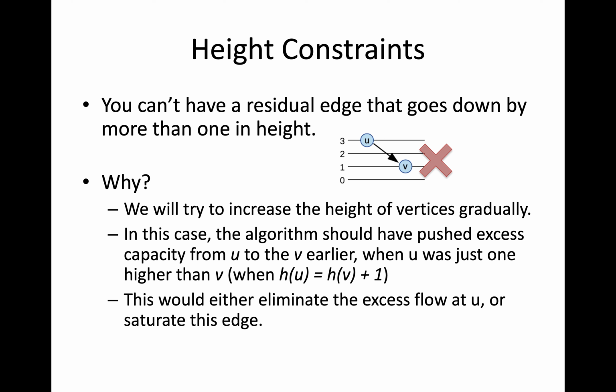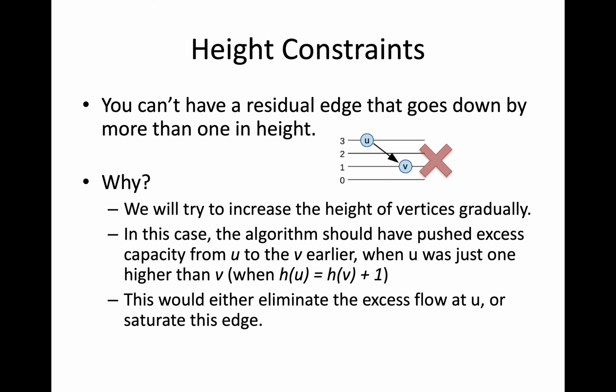I could probably say that better. My picture kind of shows this. If there's a residual edge, so an edge with some residual capacity going from U to V, then we will never let U's height be more than 1 more than V. Why is this? Well, this gets used in proving the runtime bound of this algorithm.